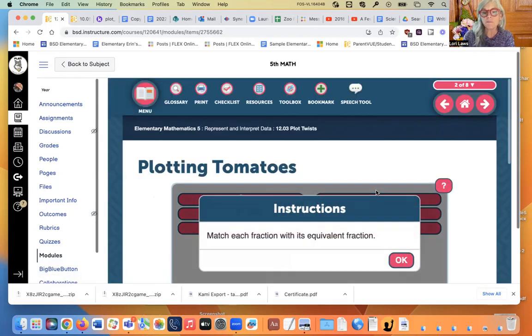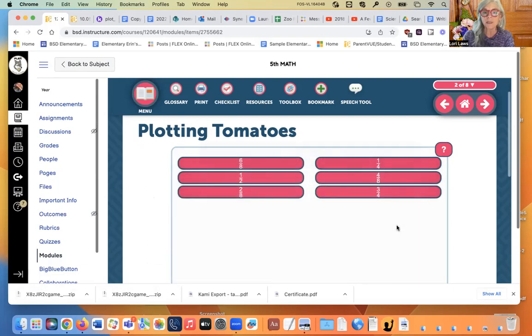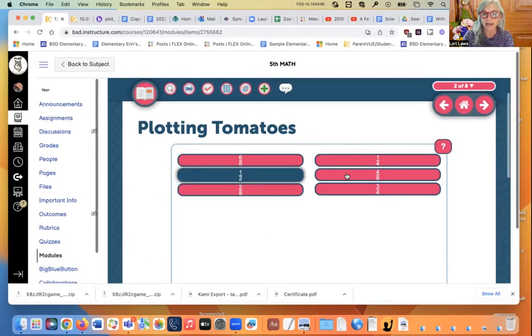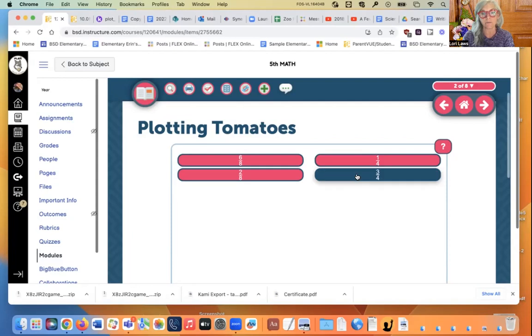As you move through the 8 pages of this lesson, first of all, they remind you about equivalent fractions. So you need to know equivalent fractions. 1/2 is the same as 4/8 because you can times the top and the bottom number by the same number to get that. So 4 times 1 is 4, the top number, the numerator. 2 times 4 is 8, that's the denominator.